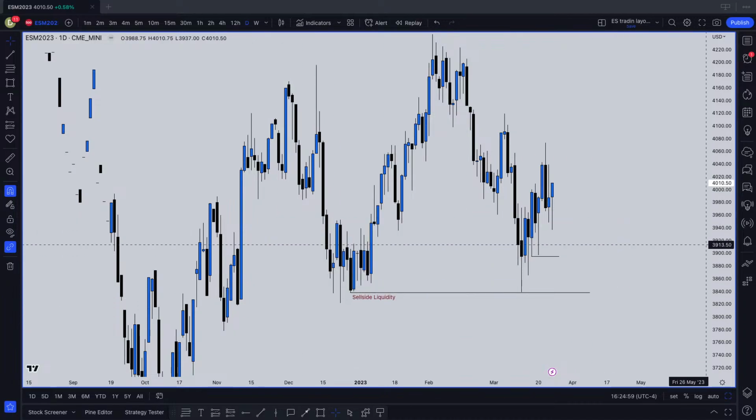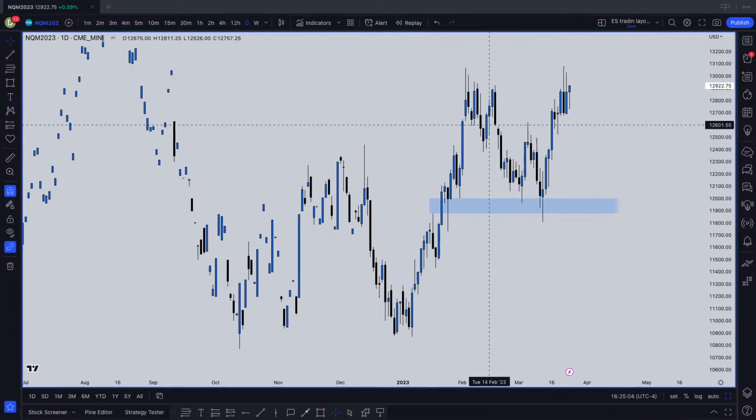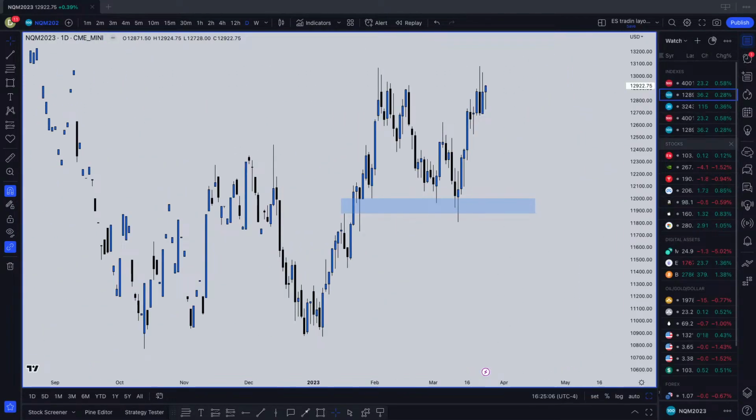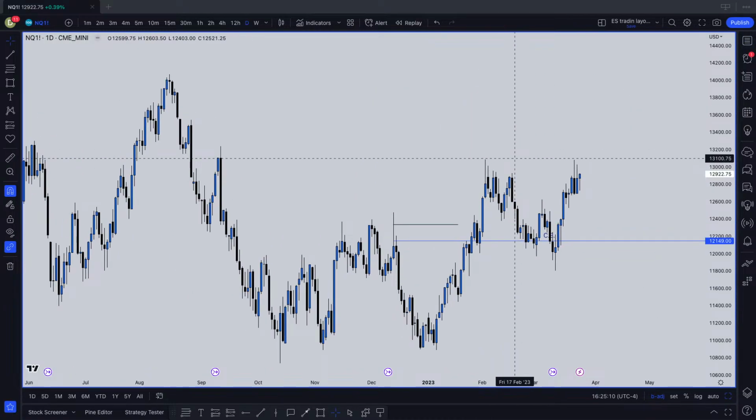Now going into the NASDAQ to do analysis on there. Let's go up to the continuous contract. So another thing to look at and consider why the NASDAQ has been rallying, it's because it's much further behind the ES and the Dow.